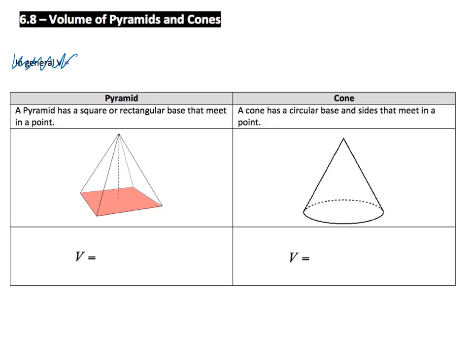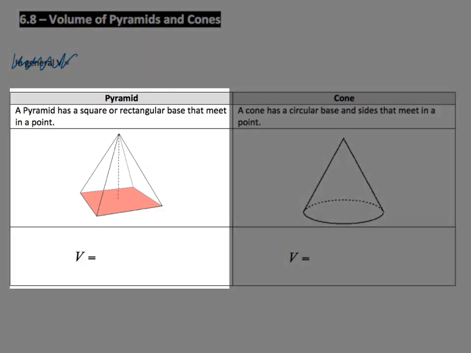It's pretty straightforward once you have the formulas. To calculate the volume of a pyramid, if it has a square or rectangular base, the sides meet at a certain point. Just like this, in the red shaded region, there is a square or it could be a rectangle.